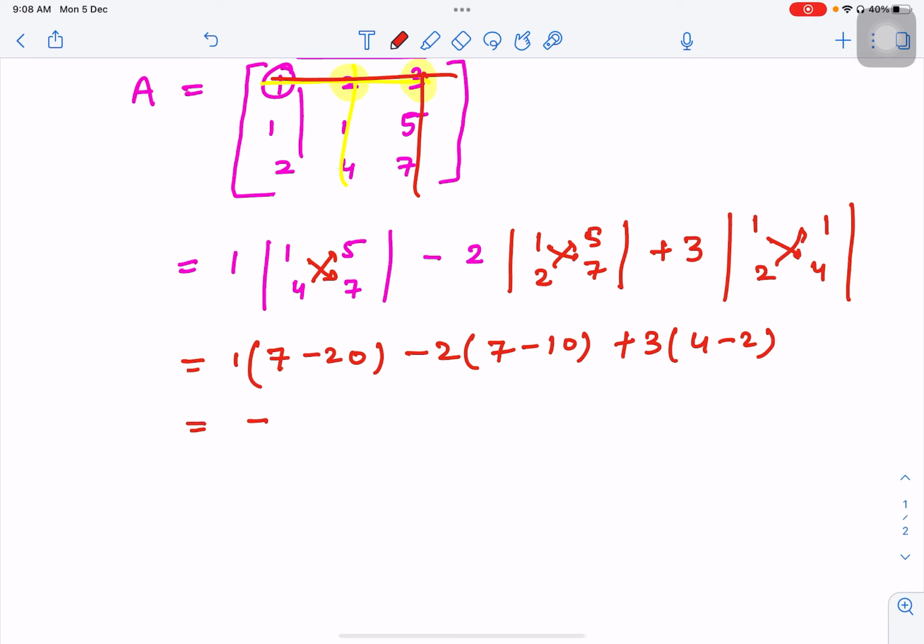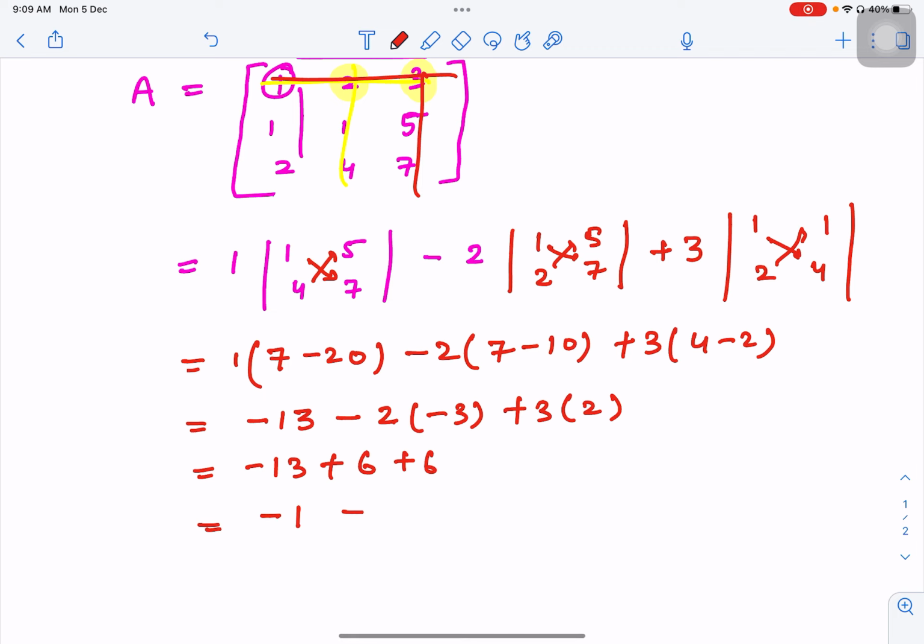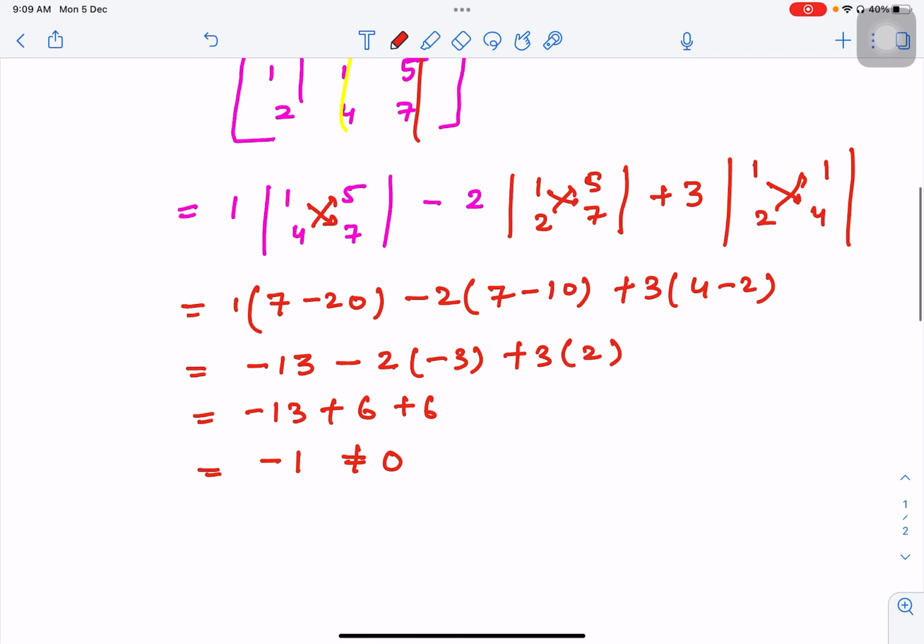This will finally become minus 13, this is minus 2 times minus 3, and this is 3 times 2, which will give us minus 13 plus 6, and you can clearly see that this is nothing but minus 1, and that is not equal to 0. So we'll say A inverse exists. Clear?